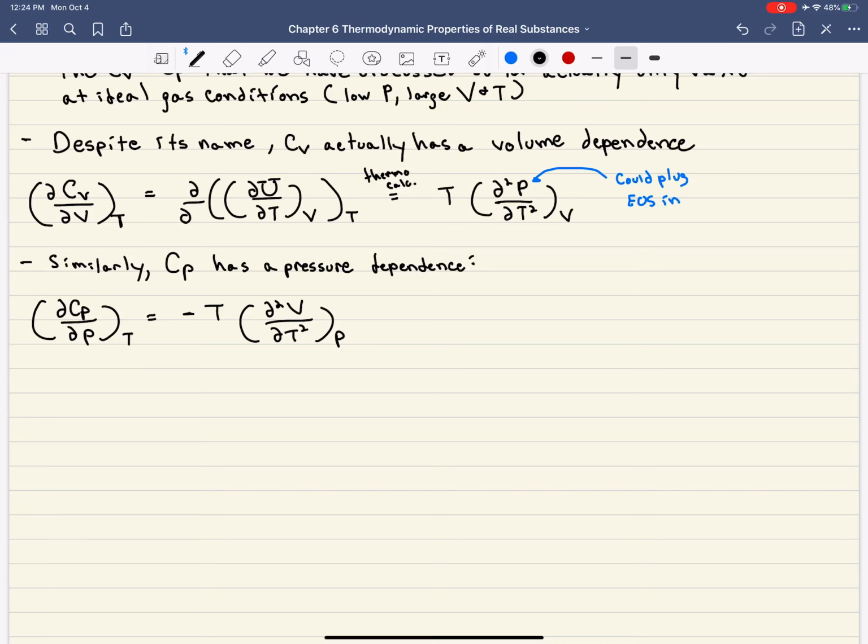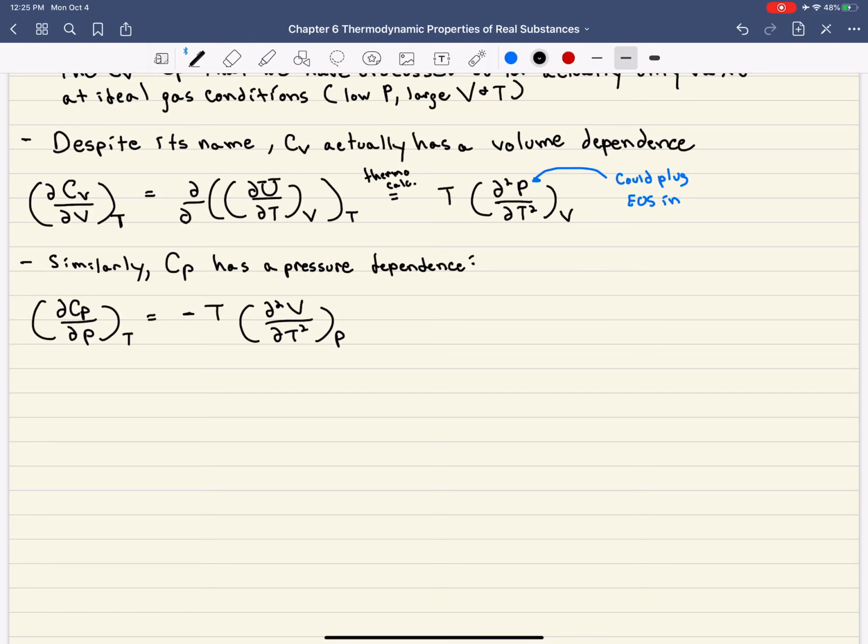Okay? All right, and so once again, if you had an equation of state in terms of volume, you would take the second derivative of it with respect to temperature, multiply by T and the negative sign, and then you would get the pressure dependence of Cp. Okay? And so using the calculus of thermodynamics, this demonstrates that Cv and Cp do have volume and pressure dependencies. Okay? So this is one way to show it.